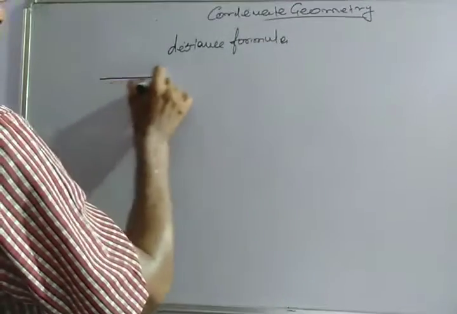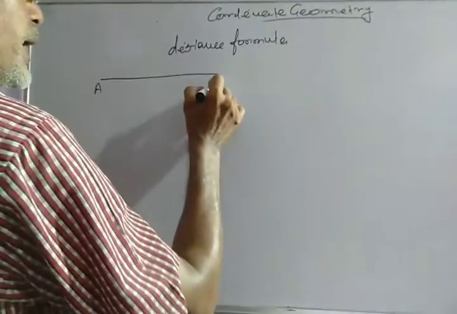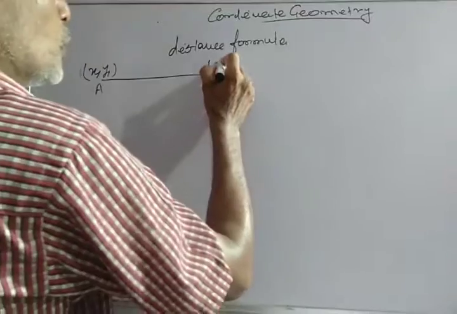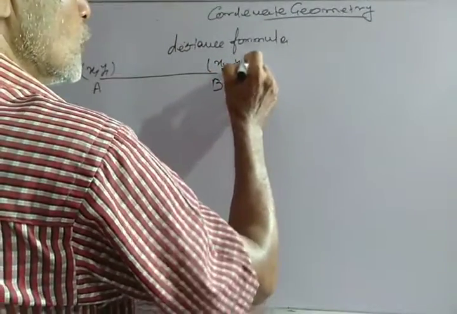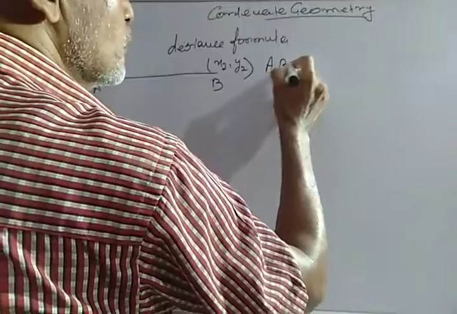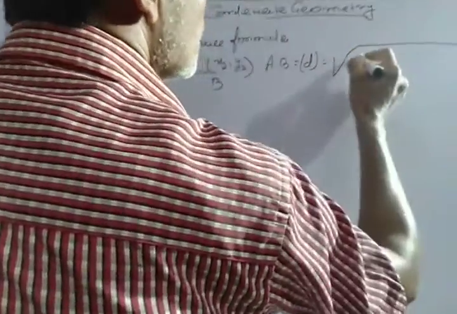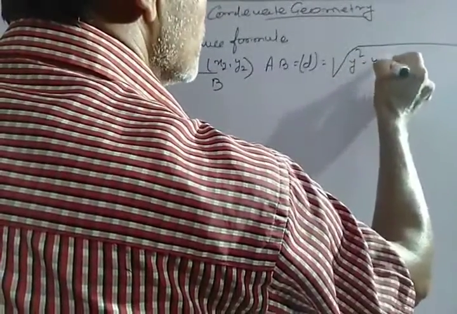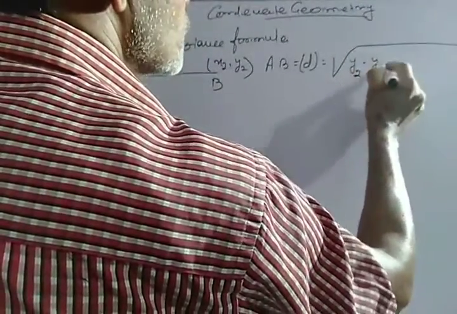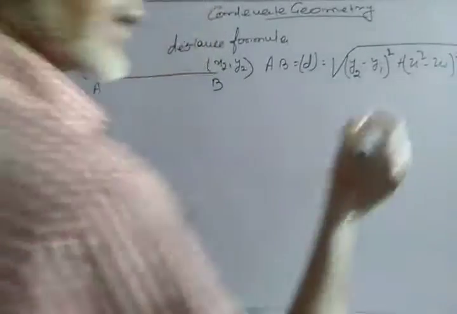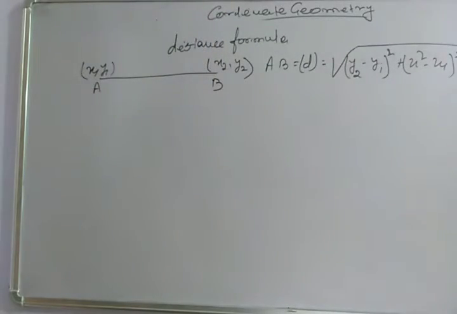If a line has endpoints A (x1, y1) and B (x2, y2), then the distance AB is equal to the root over (y2 minus y1) whole square plus (x2 minus x1) whole square. So this is the distance formula.